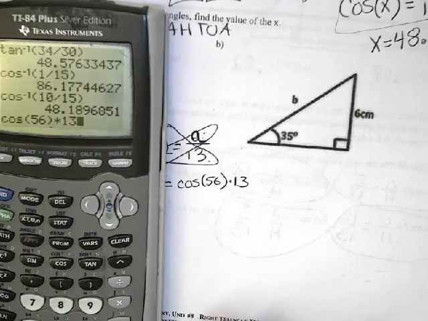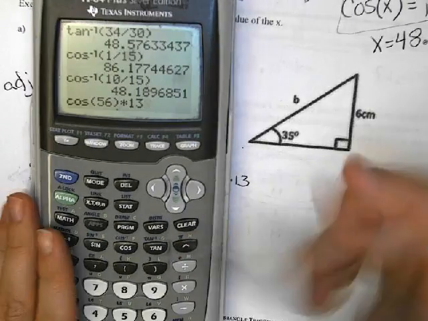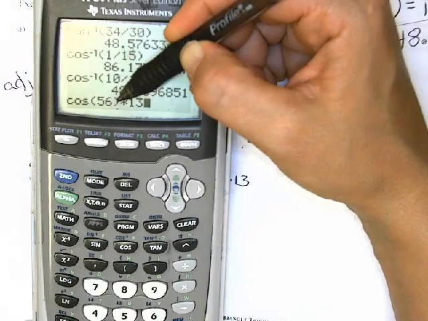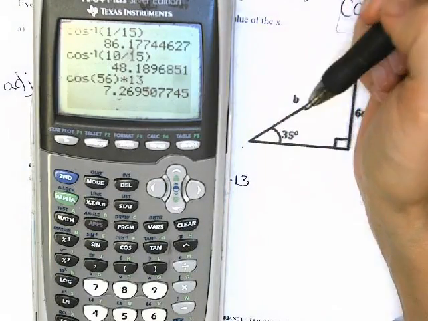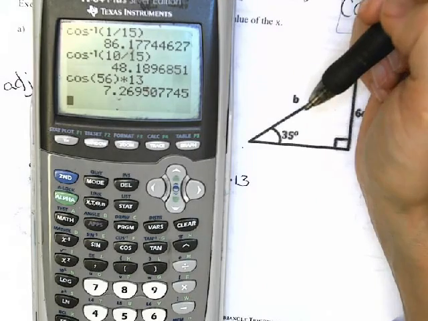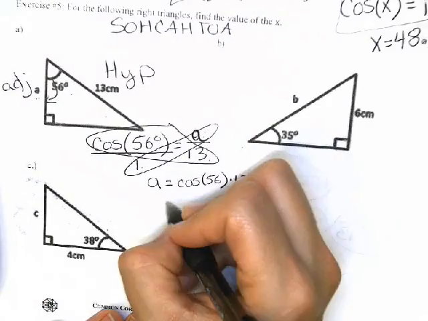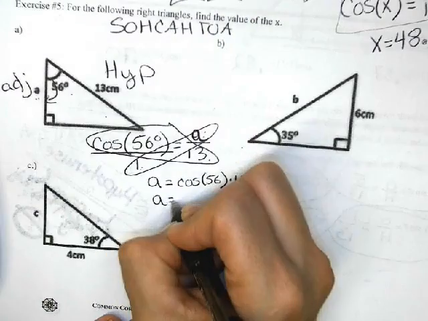Now, be very careful, Mari. Did you forget to close your parenthesis right here? Yup. What would this round to the nearest hundredth? 7.27. Now, I'm going to ask you a question. Does it make sense?